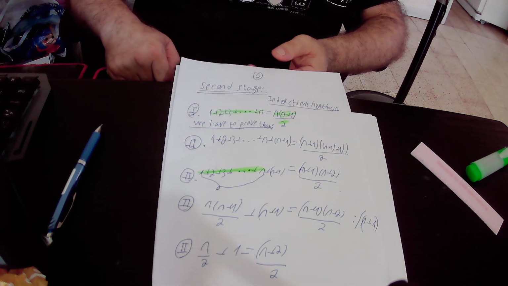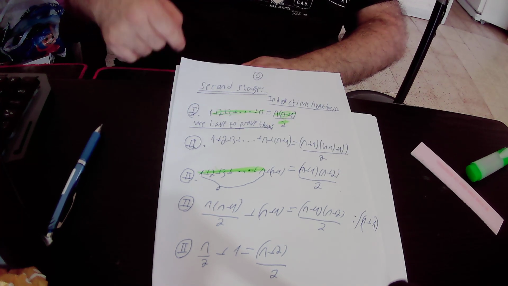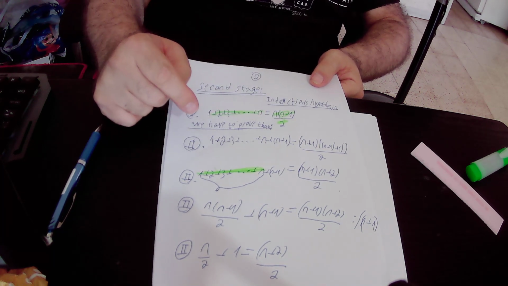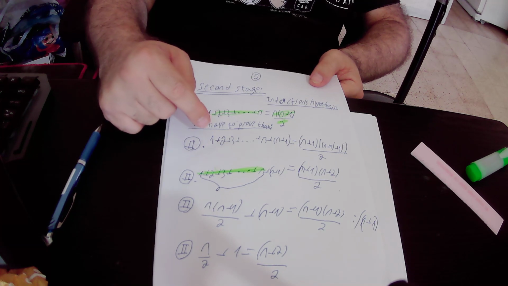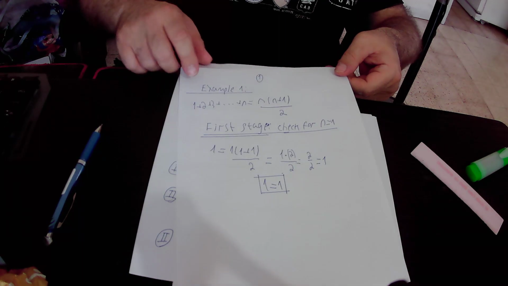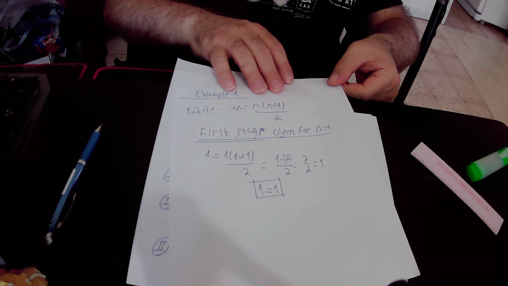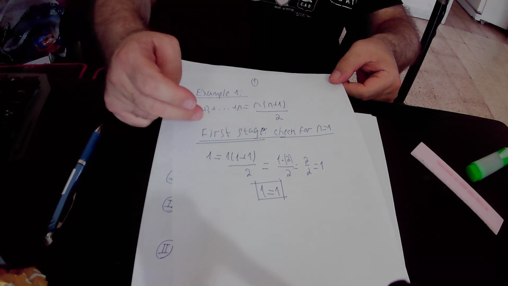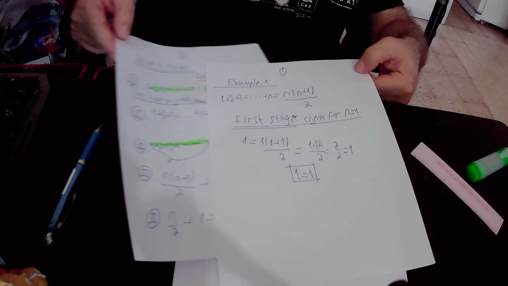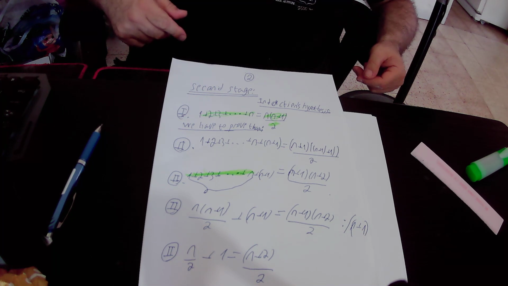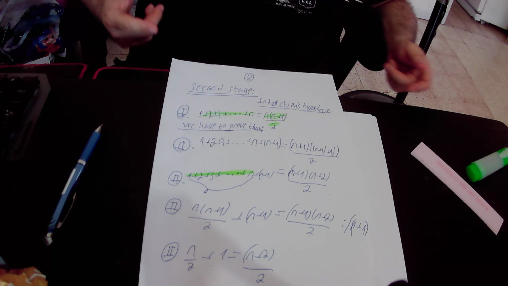Why? I will explain why. Because in the first stage, we proved that this statement is true for n that equals 1. And in the second stage, we proved that if it is true for n, it also must be true for n plus 1.